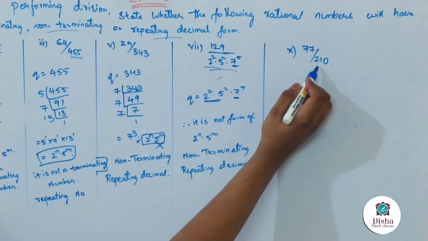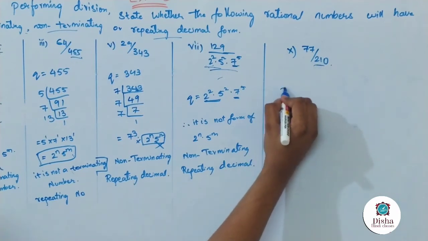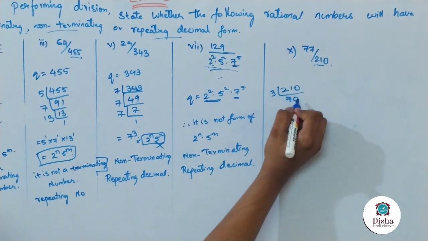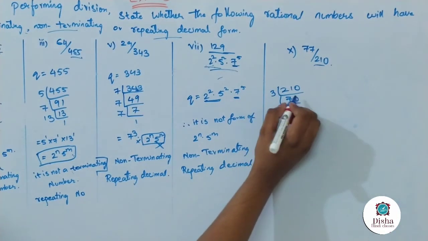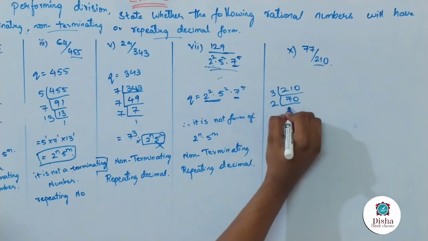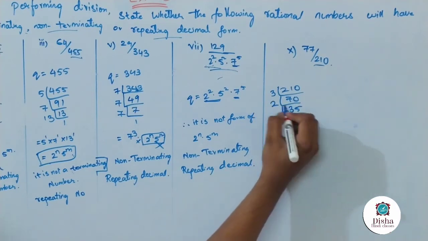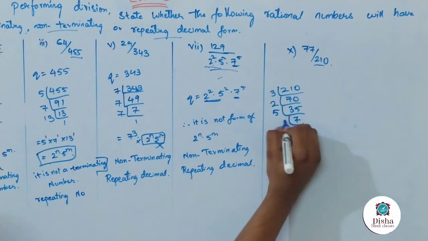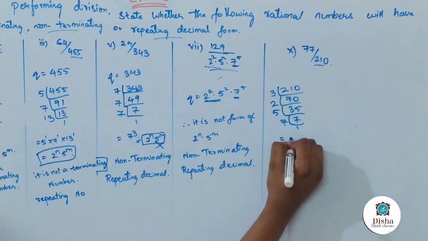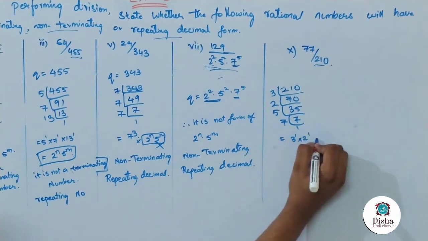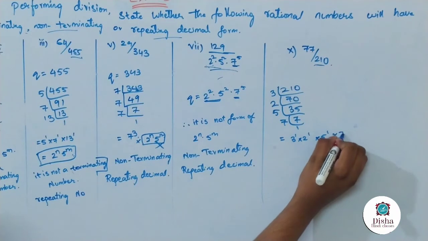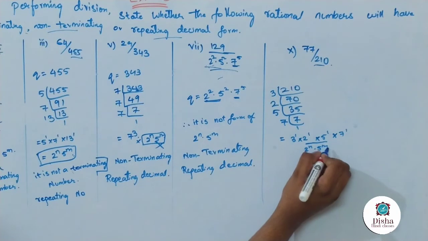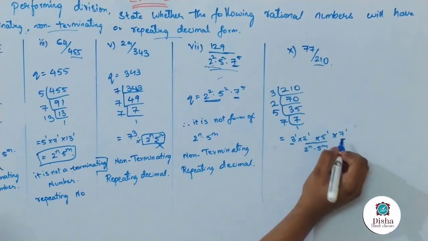So now the last one, that is 77 divided by 210. So we have a rational number, and in the q place we have 210. So 210 we take as prime factorization: 3 7s are 21, so 3 times 70. Again we can take 5, 5 7s are 35, and 7 power 1. So we get 3 power 1 into 2 power 1 into 5 power 1 into 7 power 1. So here also we have 2 and 5, but we have an additional 3 and 7 also.